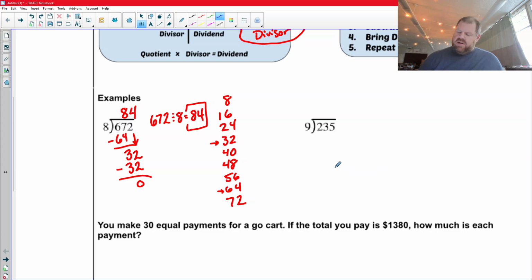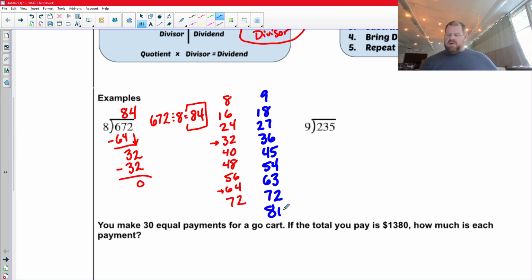On my next one here, I'm going to start the same way. I'm going to start with a list of multiples of my divisor, and I need to get to 9 multiples. Another idea that I'm doing is just adding 9 every time to get that list.